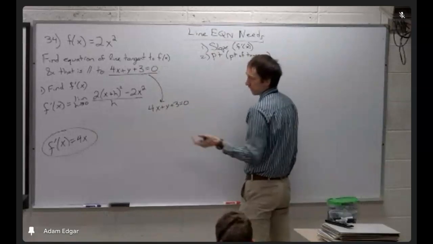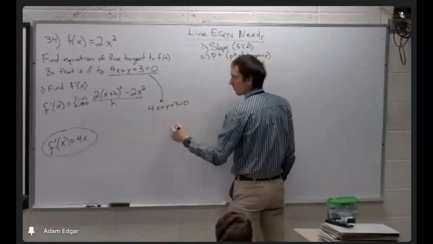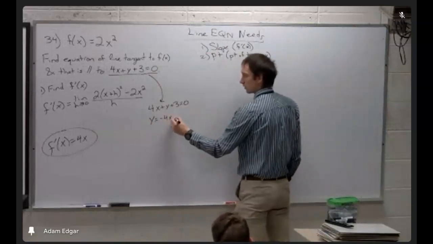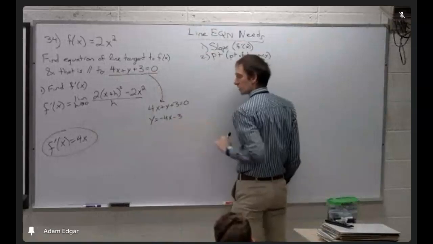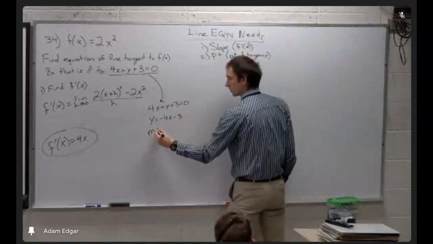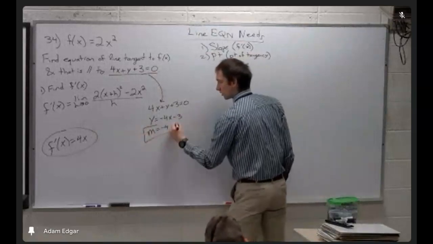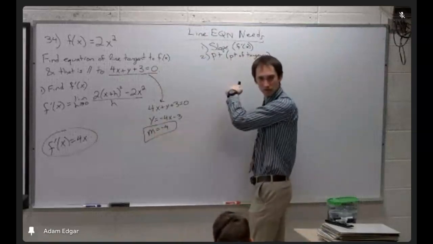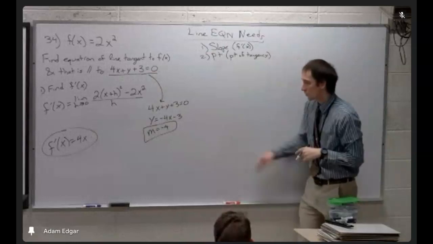Get y by itself. If we get y by itself, what's the equation of the line? And what's the slope of this line? Slope is negative 4.